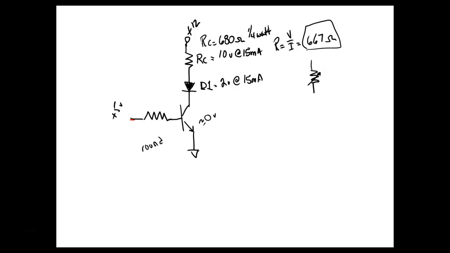We either use pointing in or not pointing in. This one is not pointing in, so we know it's an NPN. We could do this with a PNP, but instead of being 12 volts, that would be minus 12, and the diode would be flipped around, but the calculations would be exactly the same.